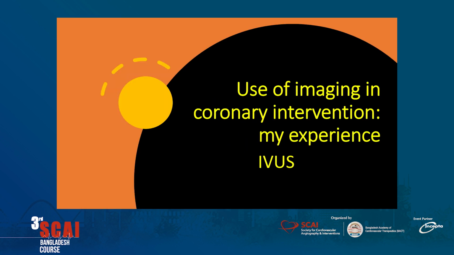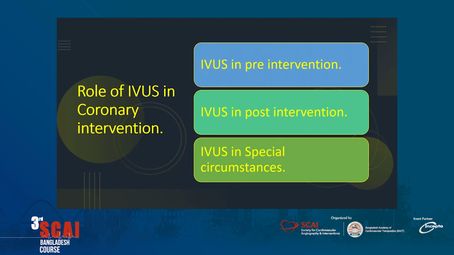The use of imaging in coronary intervention is basically for three reasons: IVUS in pre-intervention, IVUS in post-intervention after putting the stent, and IVUS in some special circumstances. I will give three example cases for these three reasons.